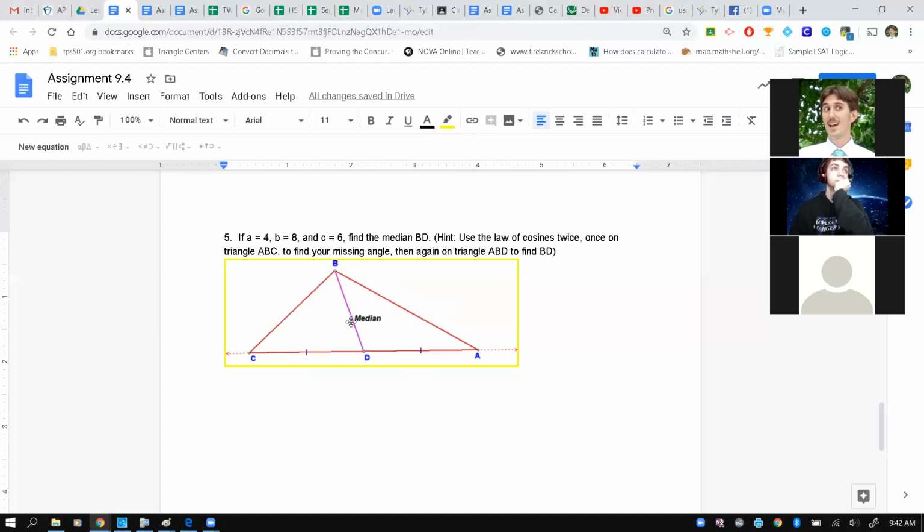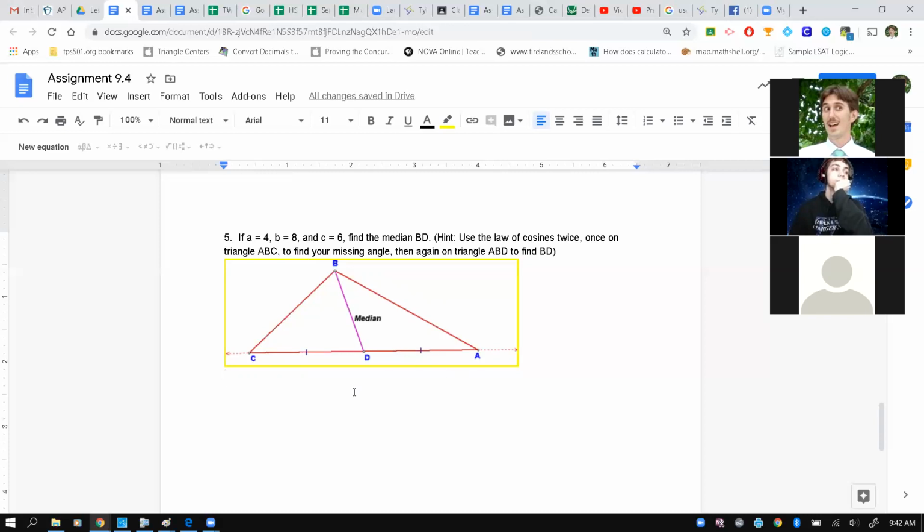The goal is, if I can figure out what either angle C or angle A is, then I can use my side measurements for the smaller triangle. So let's say, do you want to find angle C or angle A? A. Okay, let's find angle A.